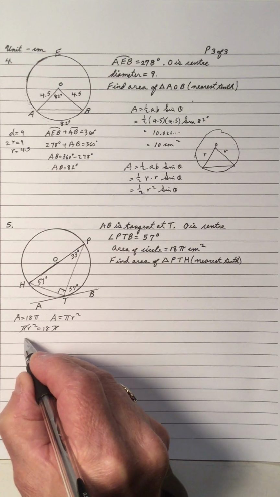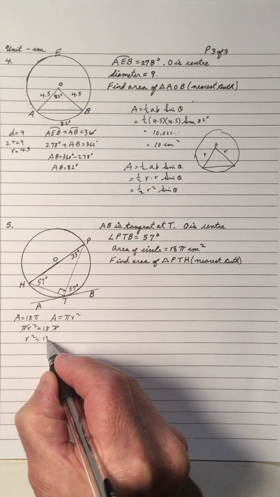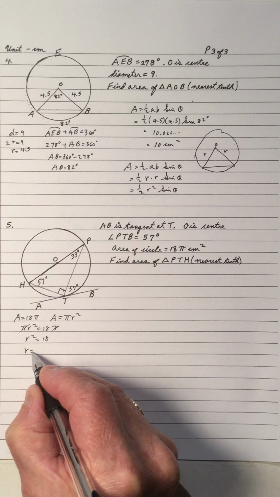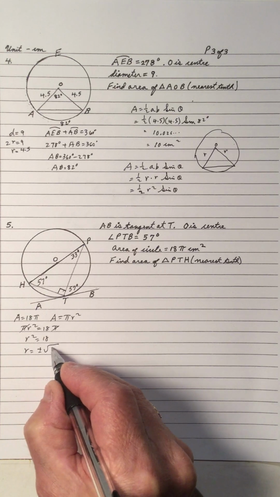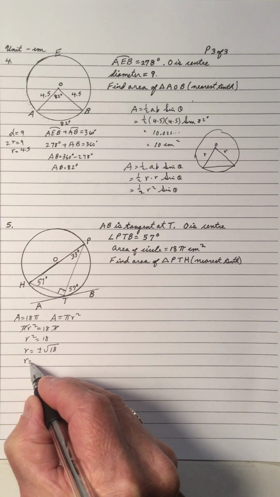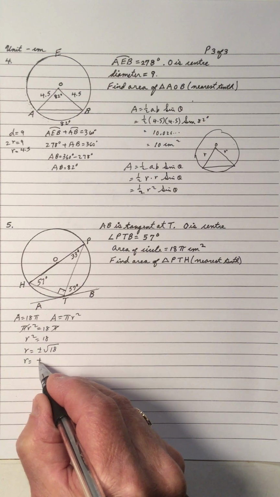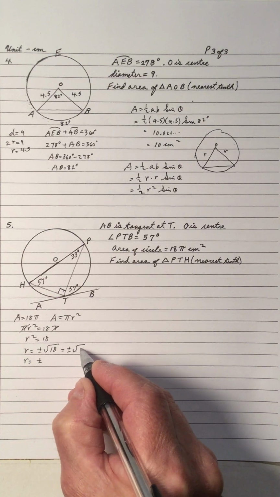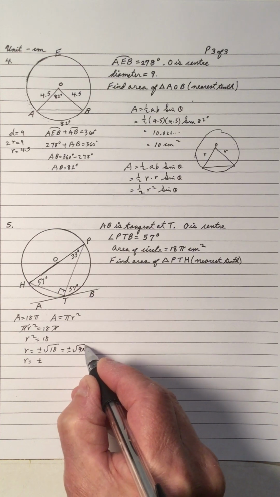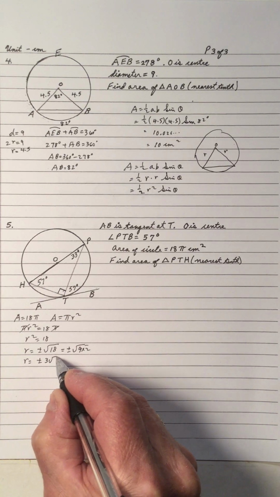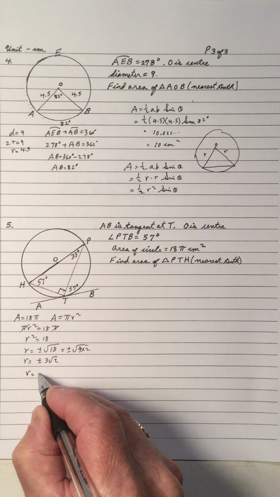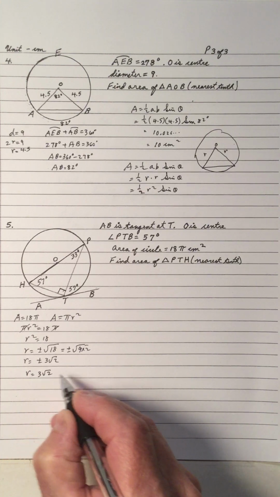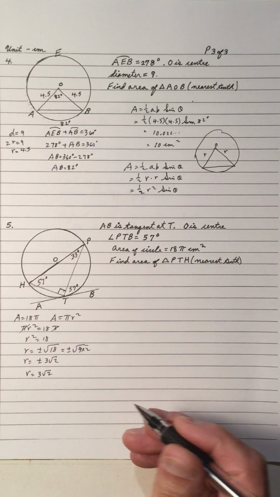The pi's cancel, so r squared is equal to 18. R is equal to plus or minus the square root of 18. That's 9 times 2, so that's plus or minus 3 root 2. So R is 3 root 2, which is the square root of 18.